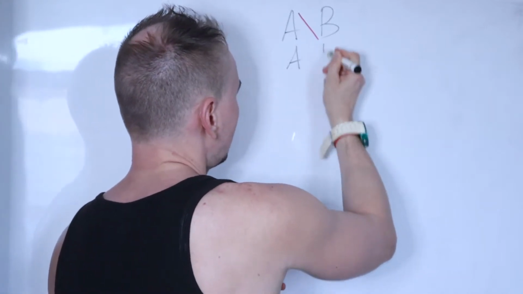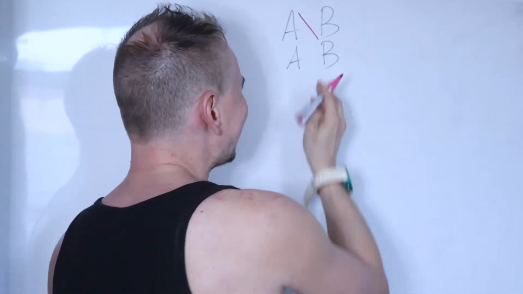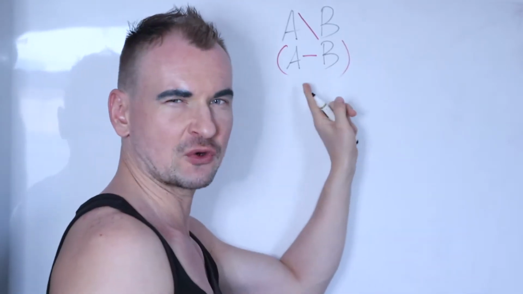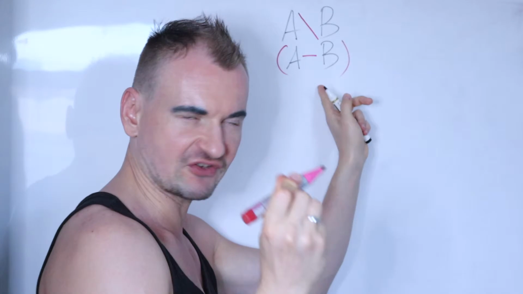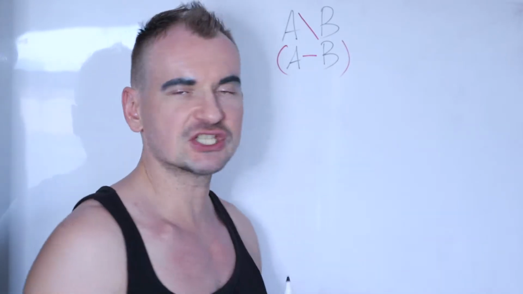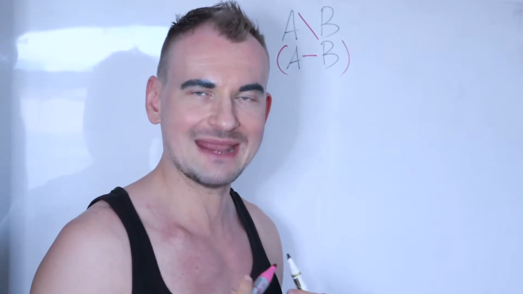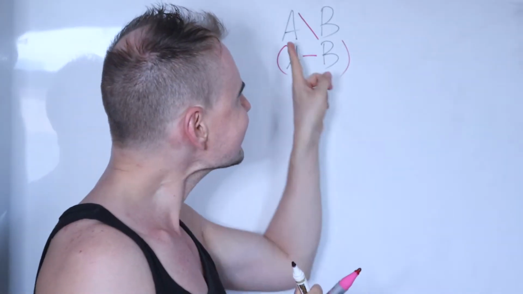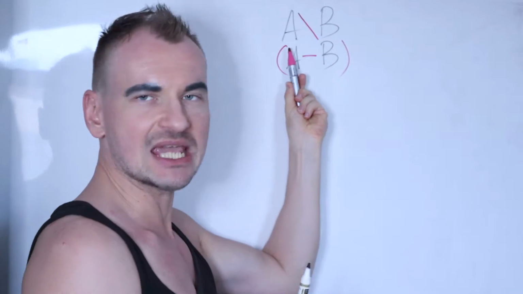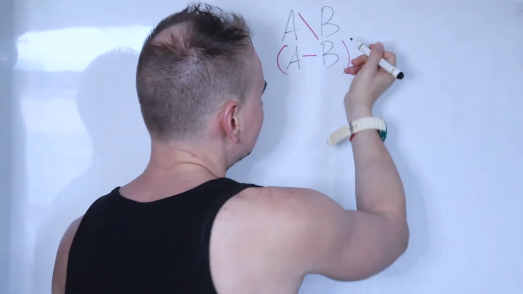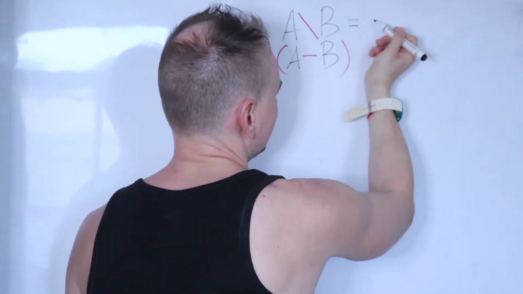It's just the normal minus sign between A and B, so A minus B, the difference. By definition, it's a set consisting of all elements that are in set A but not in set B.